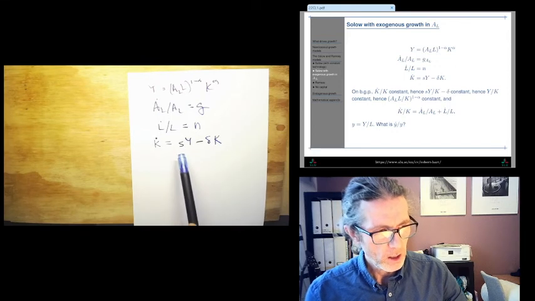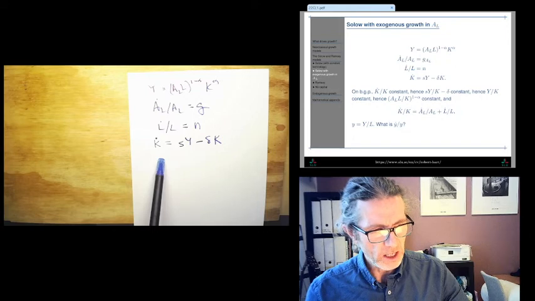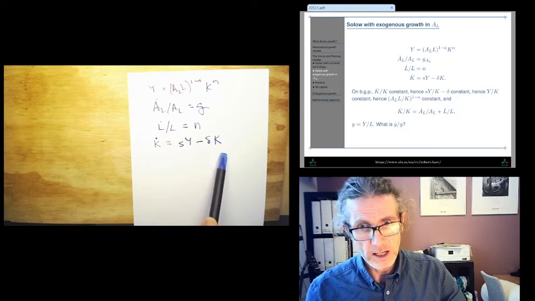Or we could think of it as K(t+1) minus K(t) equals Sy minus delta K(t).